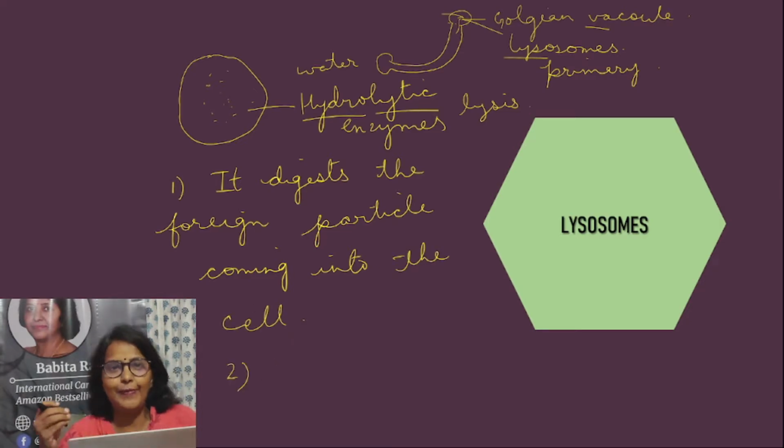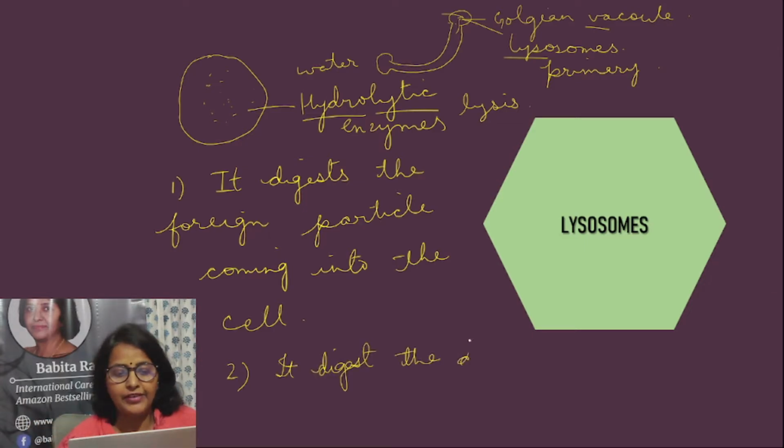And germs, pathogens, or anything which lysosome finds is not of the body, it digests that particle. And if some damage occurs in the cell, it digests damaged cells also, so it does not cause further damage to the cell.